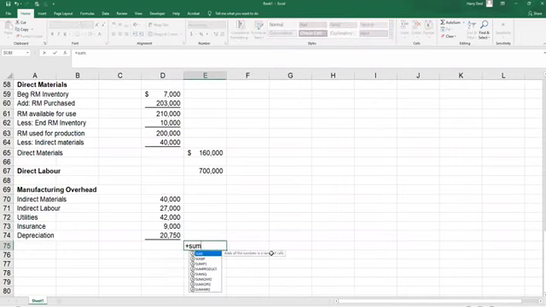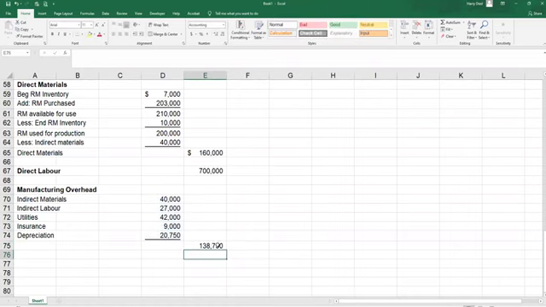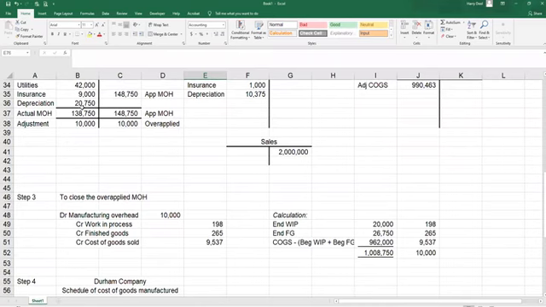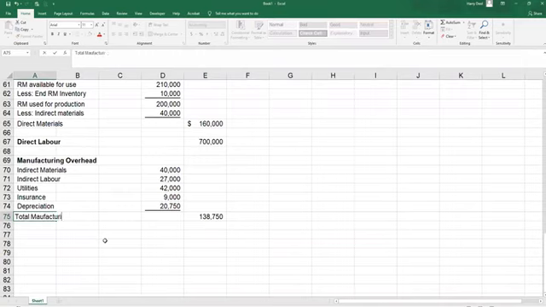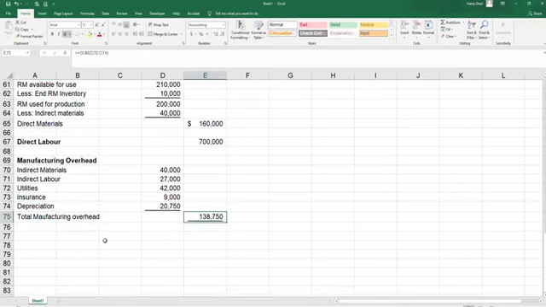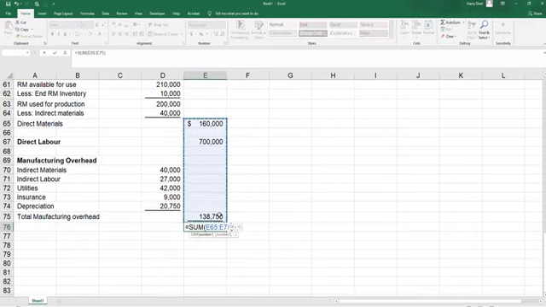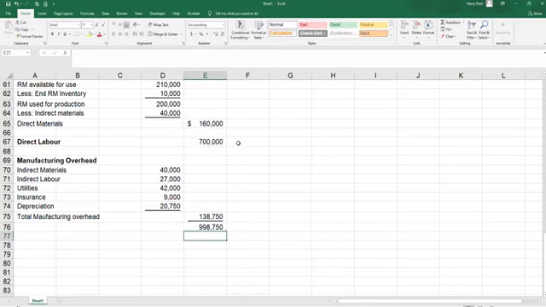Add them up to get the total, 138,750, and that's the total actual manufacturing overhead. Keep in mind that when we add together the cost of direct materials, direct labor, and total manufacturing overhead, the sum that we get is equal to total manufacturing costs.